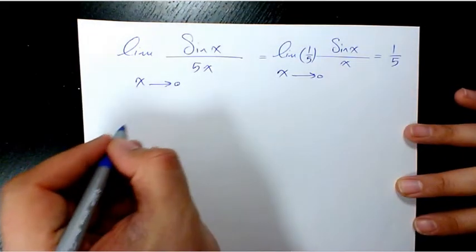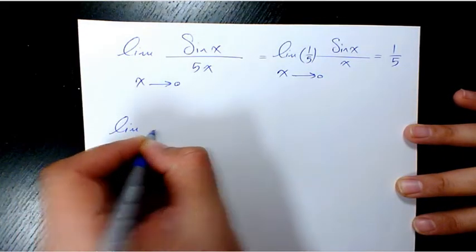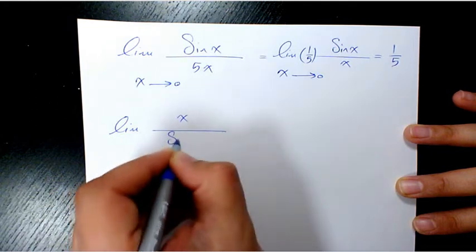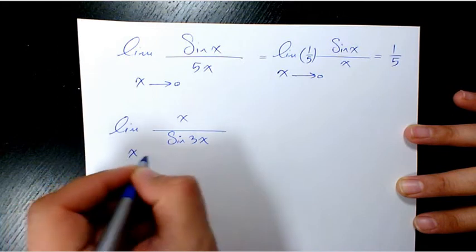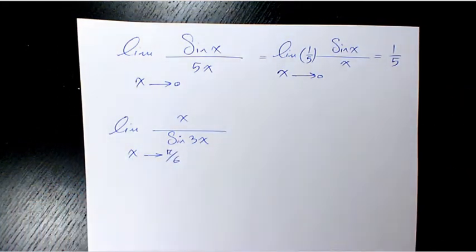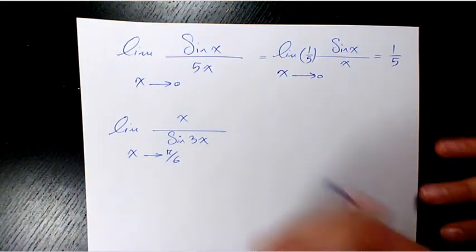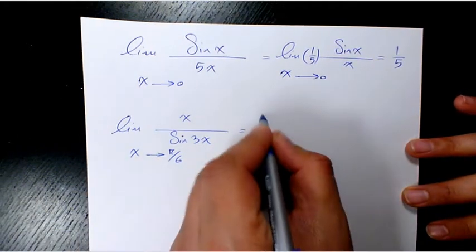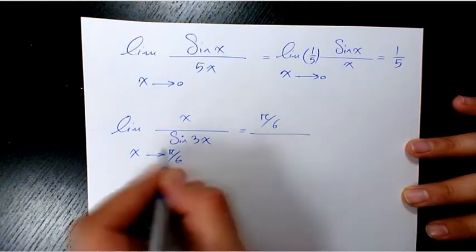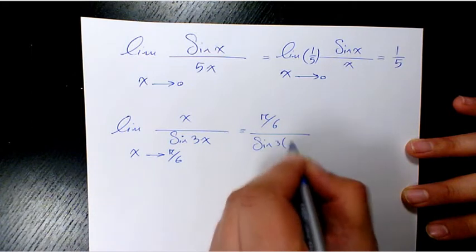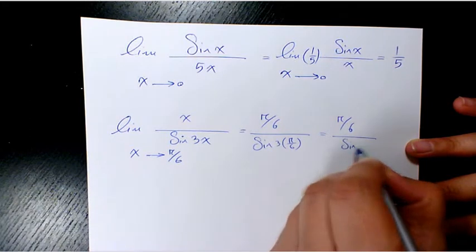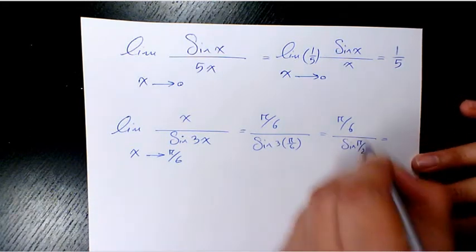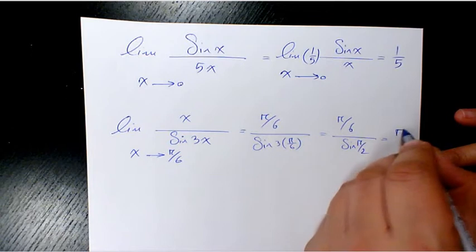Next one, limit of x over sine 3x when x is approaching pi over 6. In this case, it's going to be pi over 6, and here sine 3 times pi over 6, which is going to be sine of pi over 2. That's going to be 1, so pi over 6 over 1 is going to be pi over 6.